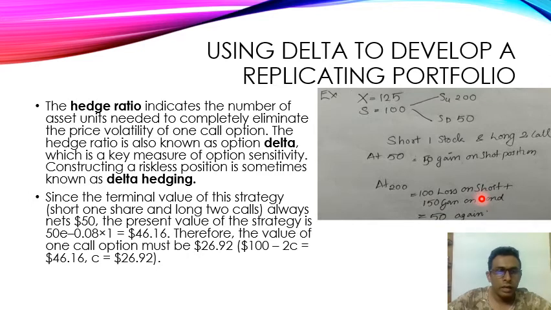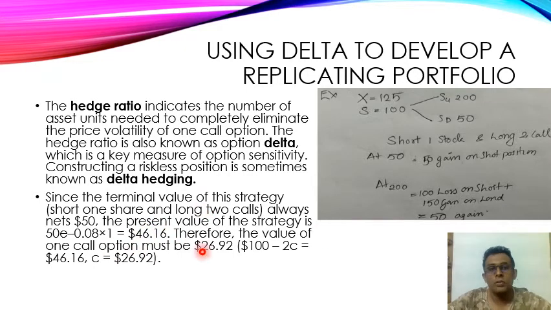Since the terminal value of the strategy is always net 50, the present value of the strategy would be 50 into e raised to minus 0.08 into 1, because 8% is assumed to be the risk-free rate, which gives 46.16.